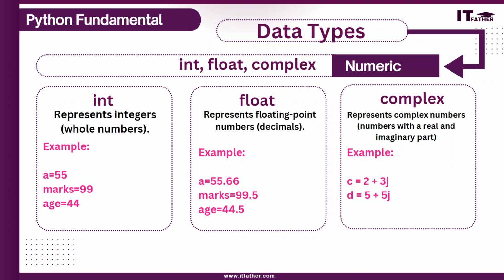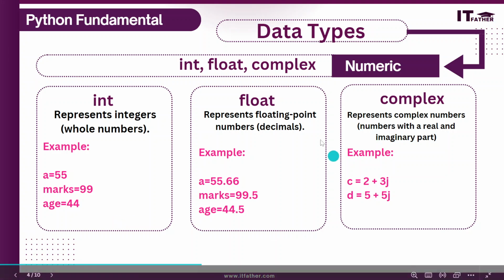In Python, whenever we declare a variable with any value, on the basis of that value, the type of data is determined automatically. For example, if we write a equal to 55, marks equal to 99, age equal to 44, it means a, marks and age, these three variables are integer type of data.